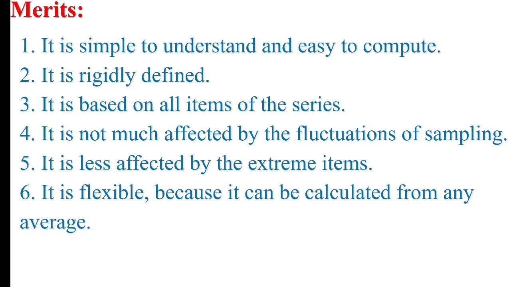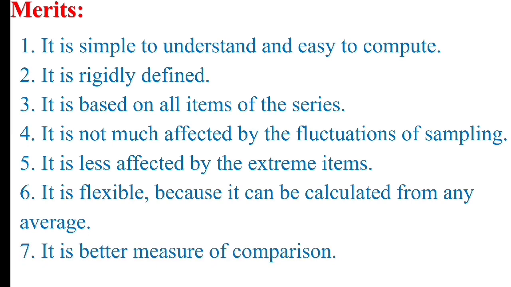Because of that, we get absolute values, from which we find the mean deviation. It is a better measure of comparison. Compared to range and quartile deviation, which we studied so far, this is one of the best methods to solve the problems.